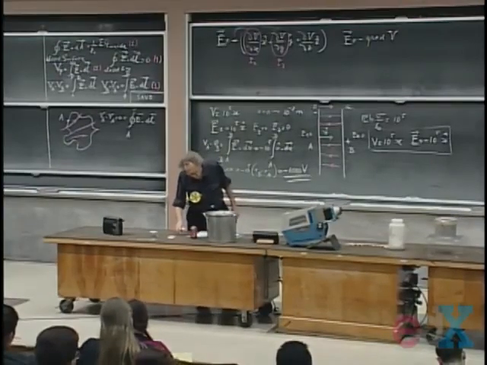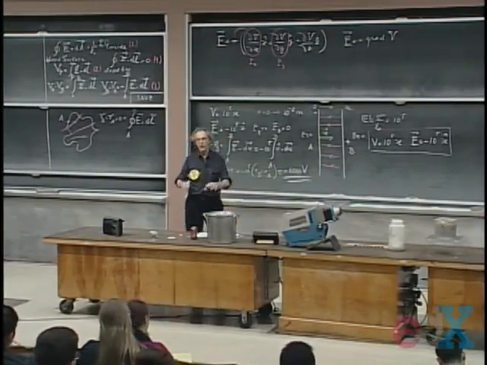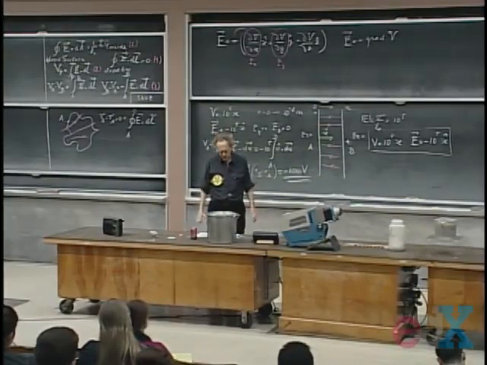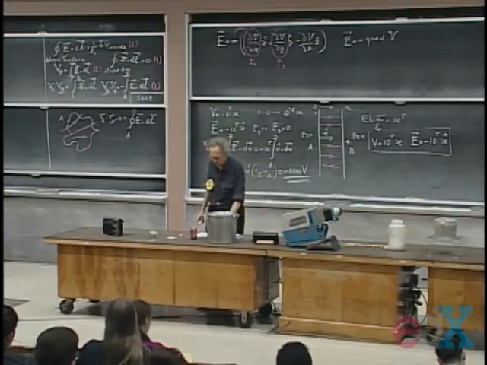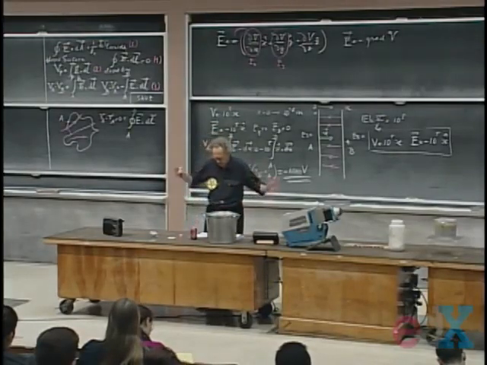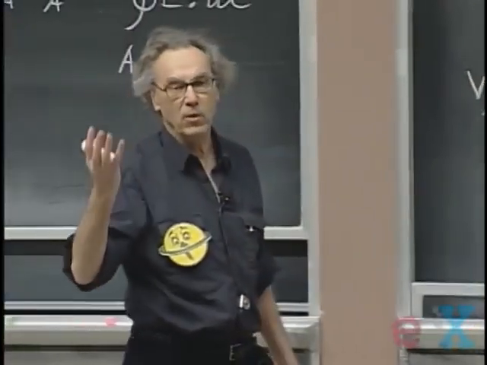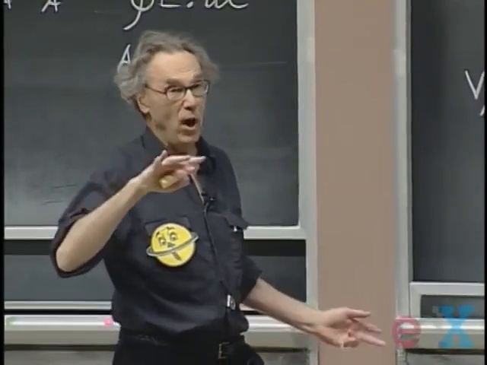As long as there's no charge moving, and we're dealing with solid conductors, so we have static electric fields, the field inside the conductor is always 0. Not the case in a non-conductor.